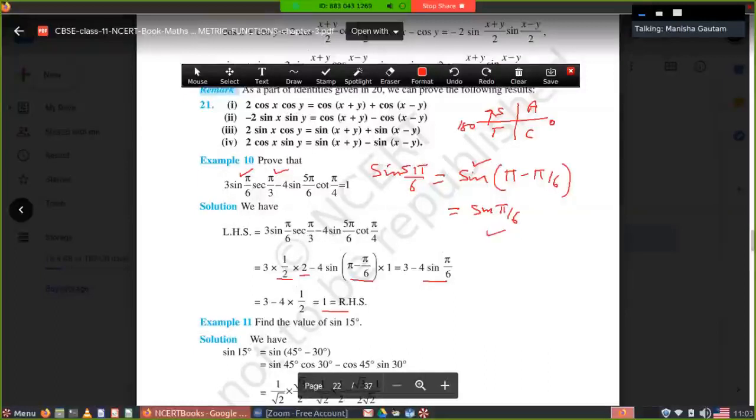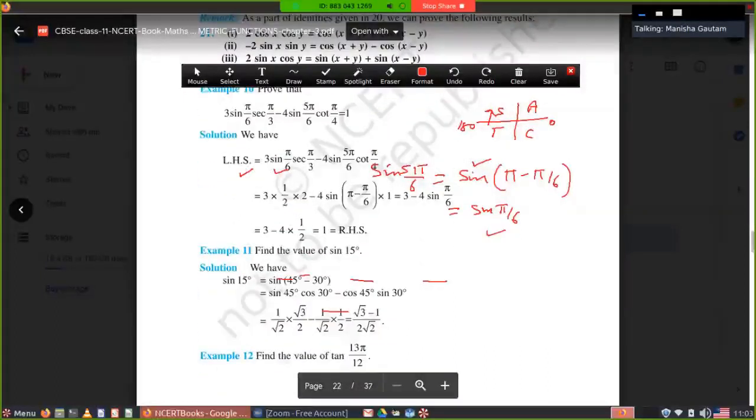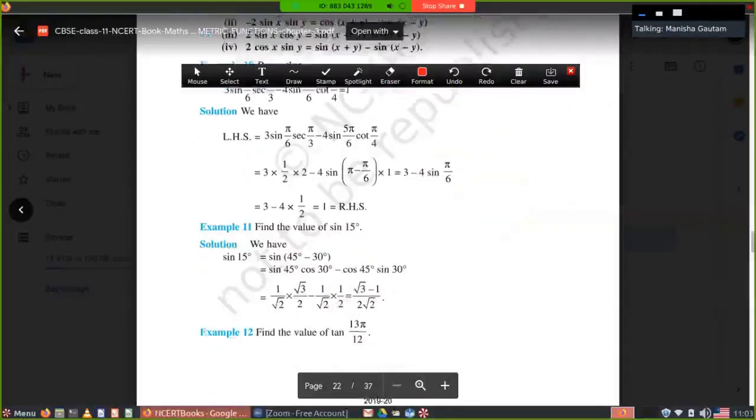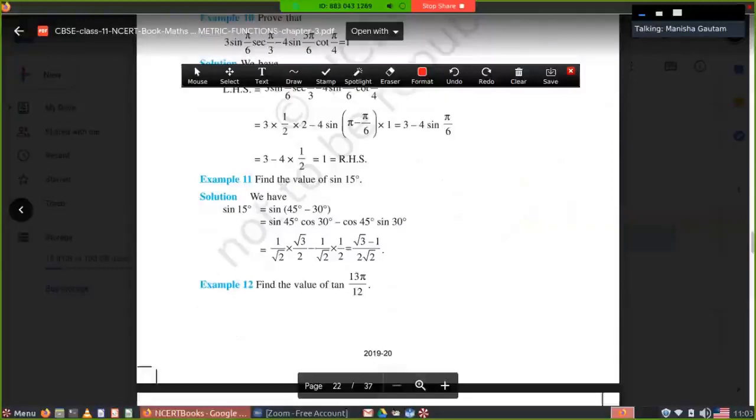Now come to example number 11. Here the question is sin 15. You don't know the value of sin 15. What does 15 mean? You can write this 15 as 45 degree minus 30 degree.